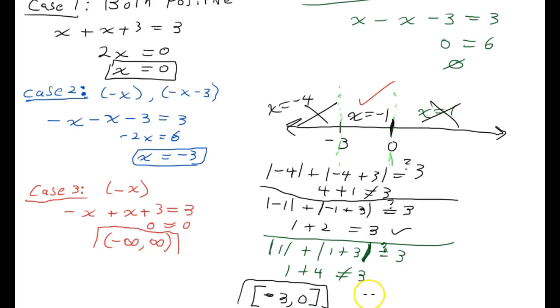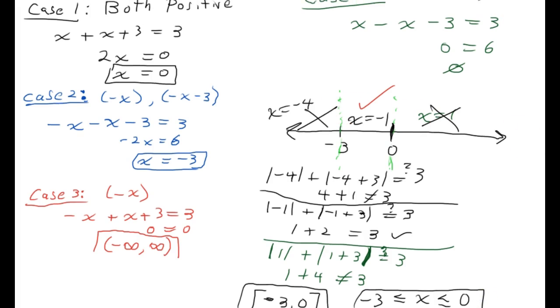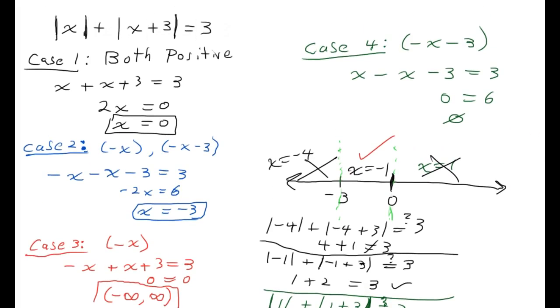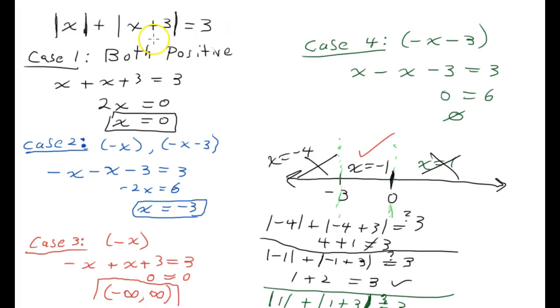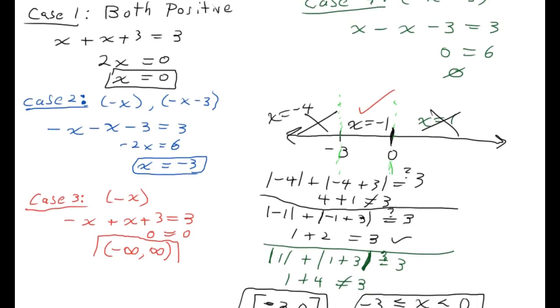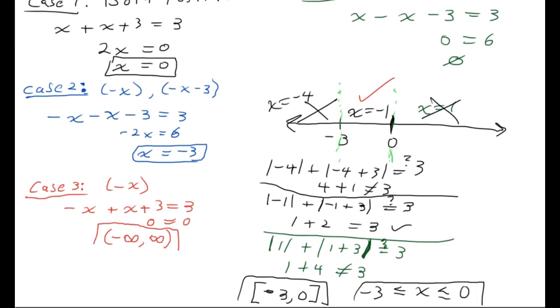We could also write it negative 3 is less than or equal to x is less than or equal to 0. That's another way to write this notation. But that's the solution to this original equation of the absolute value of x plus the absolute value of x plus 3 equals 3. I'll bring that back down here so you can see that solution. I hope that helps.